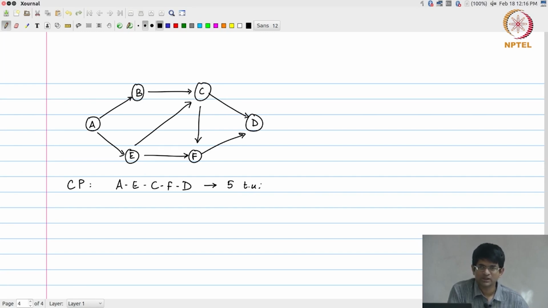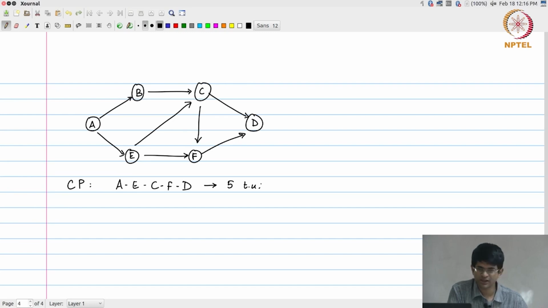If I want to bring down the length of the critical path, the number of nodes or the total execution time delay on that critical path to 3 or less, how can I do this? I need to break this path. I cannot have A, E, C, F, D as one long path through the circuit. I can break it. Where should I break it?